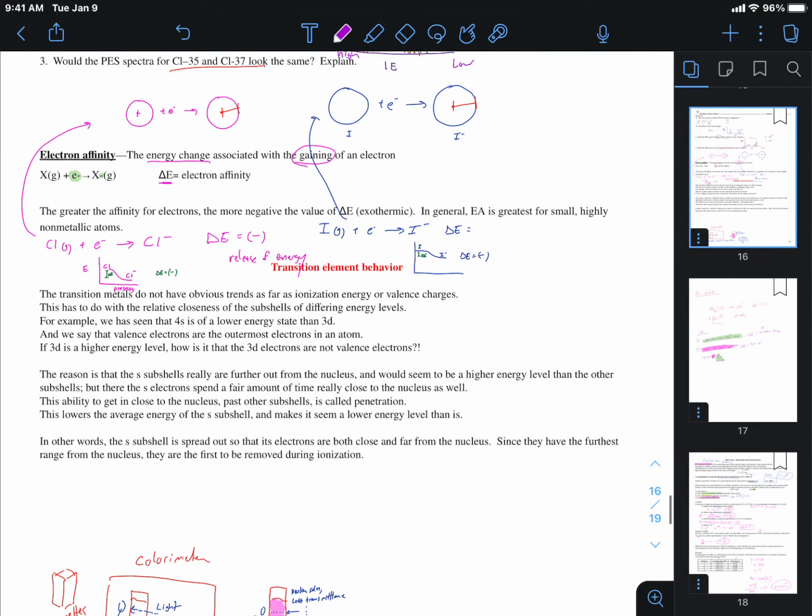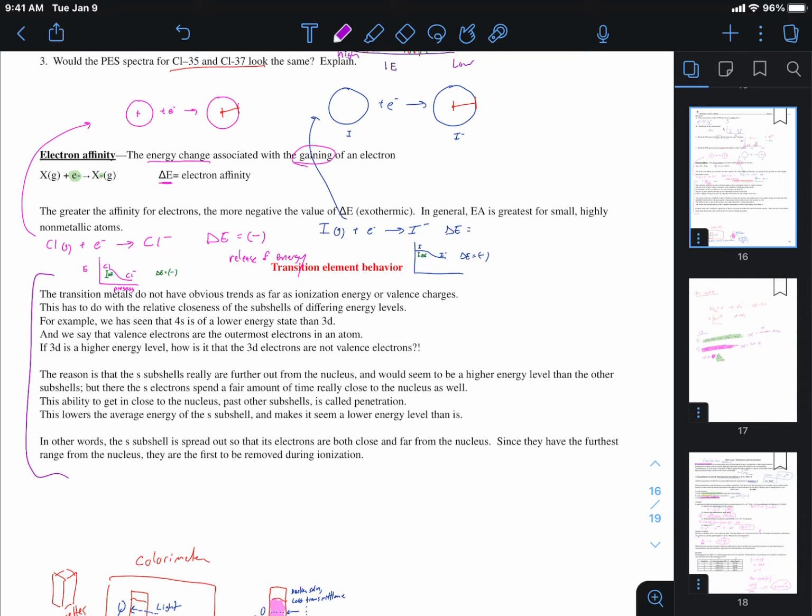So the last thing, transition element behavior. I'll explain this. This may take some time to sink in. Here, I'm going to go back to this page that I made more room on.